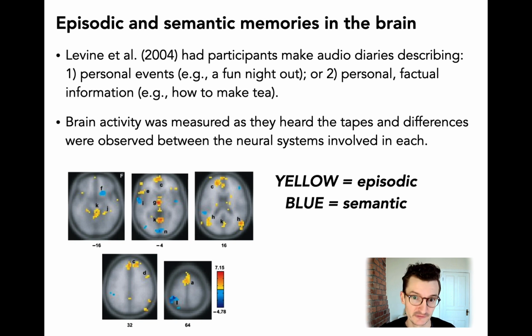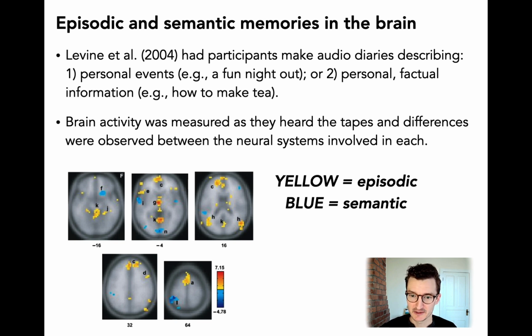Put these participants in the scanner and have them listen to these audio diaries of themselves describing an episodic memory, a night out on the town, versus describing some personal fact-based piece of information, how someone makes coffee or tea every morning. Record brain activity during both of these tasks.